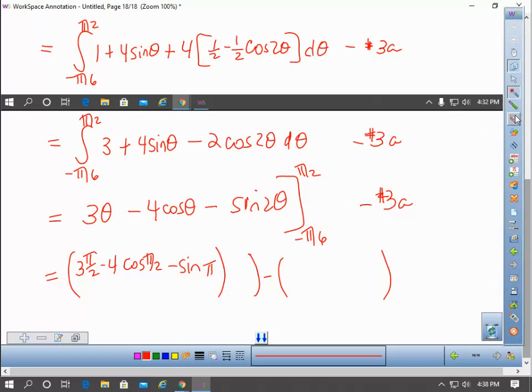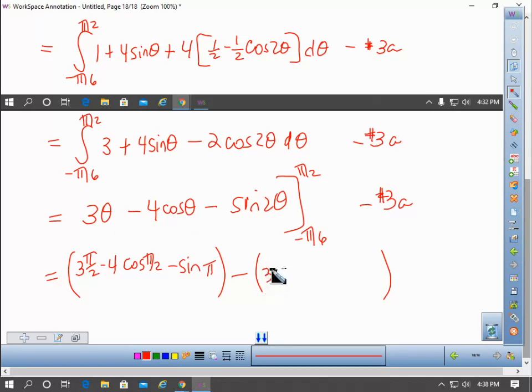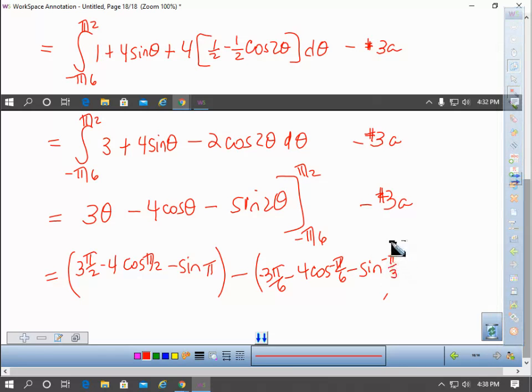Then minus, now we put in negative pi over 6, so that would be negative 3 pi over 6, minus 4 cosine of negative pi over 6. And then minus sine of double that, which would be negative pi over 3. And then I have to remember to subtract my answer in 3a.